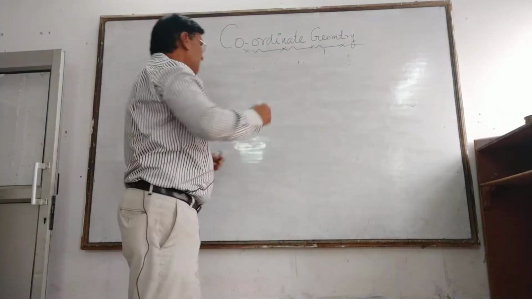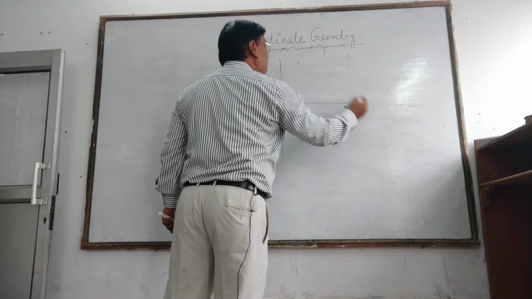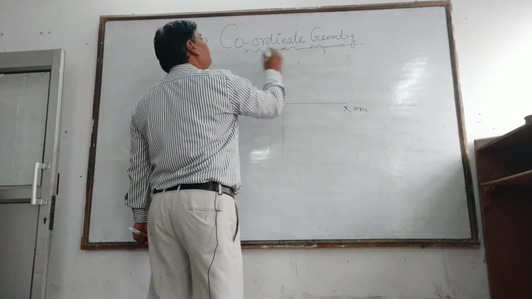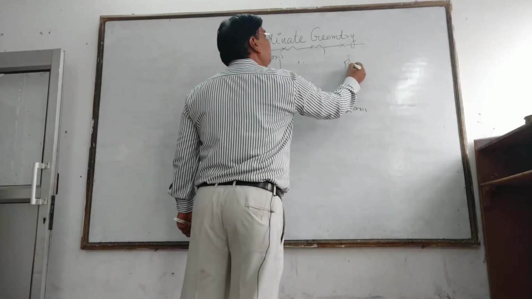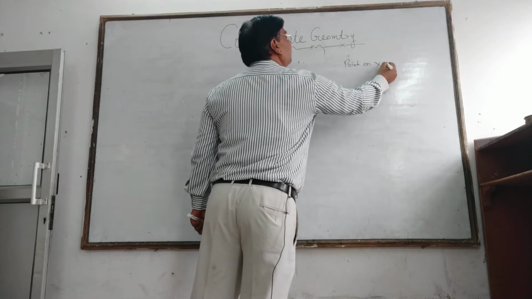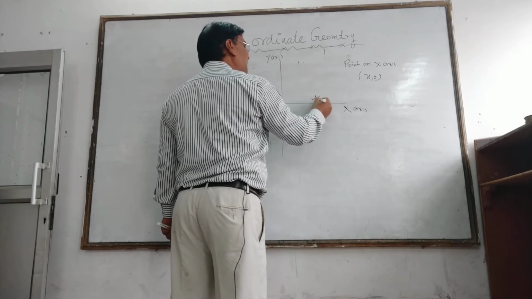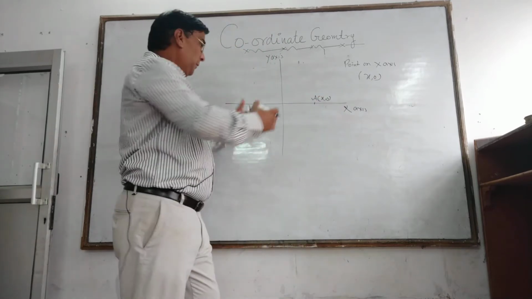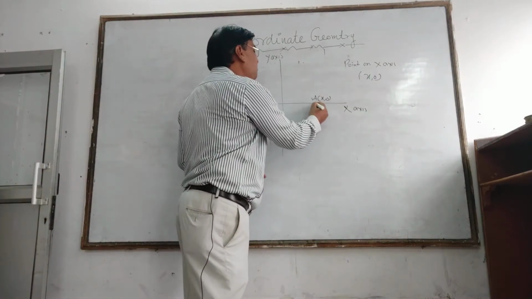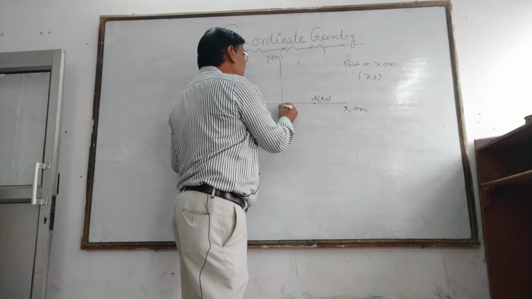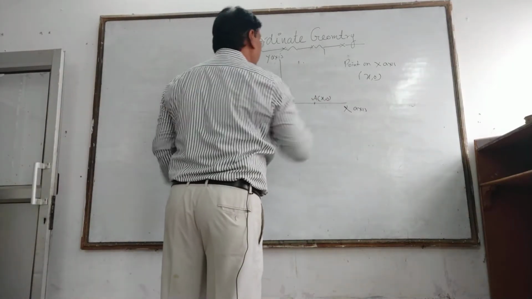Now, here is the plane, the x-axis and the y-axis. If the point is on the x-axis, the coordinate is (x, 0), because on the x-axis there is no distance towards the y-axis, so y will be 0.